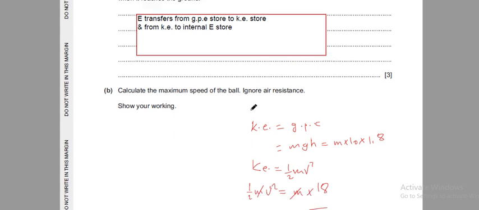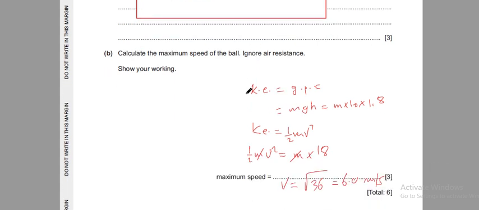Calculate the maximum speed. We know kinetic energy is equal to gravitational potential energy, because all of the gravitational potential energy is transferred to the kinetic energy store. The gravitational potential energy is given by mgh, so it is m times 9.8 or 10 times 1.8.